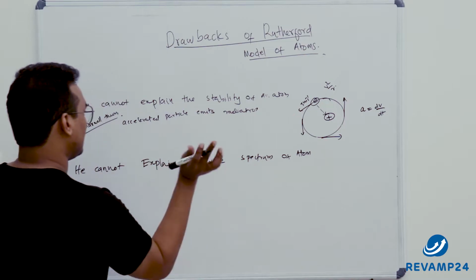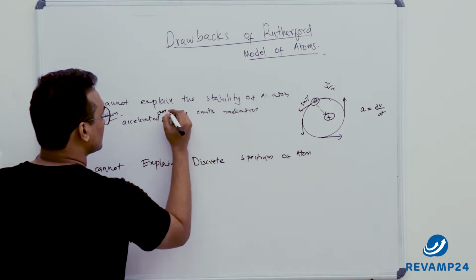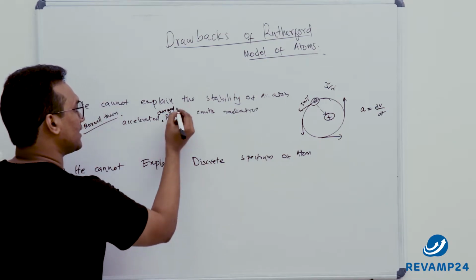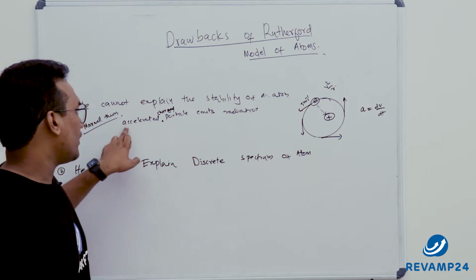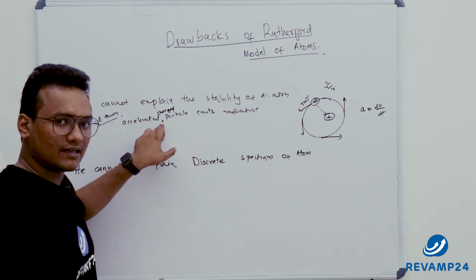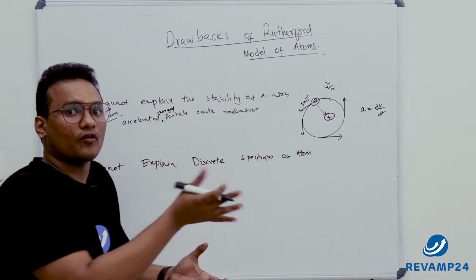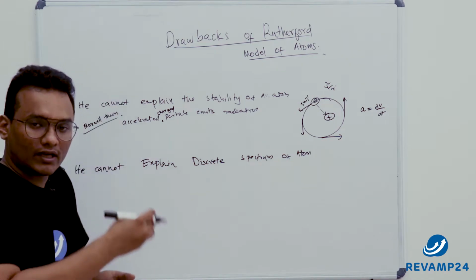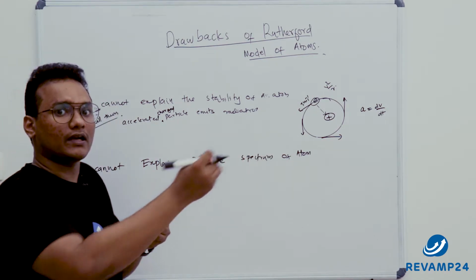Not all accelerated particles, but accelerated charges, or charged particles. So I'm going to take it as charged particles. When a charged particle is accelerating, it will emit radiation. Radiation is nothing but a form of energy, right? When a particle emits radiation, a certain part of the energy has been radiated out.